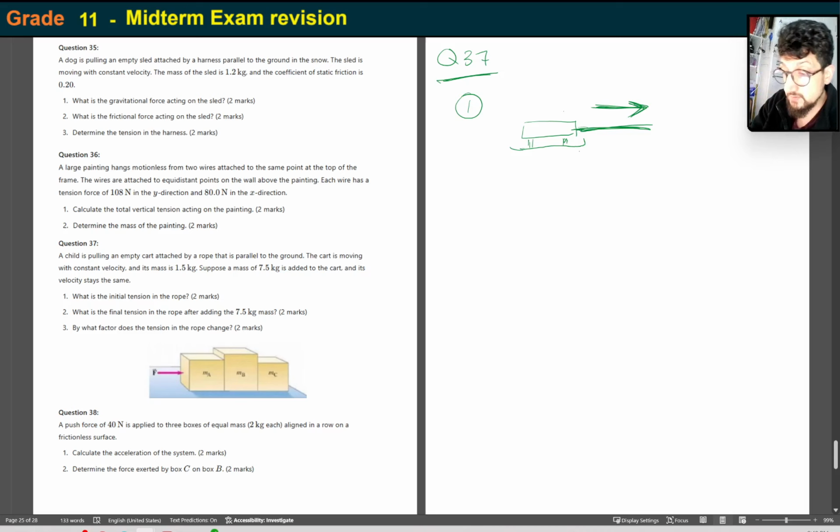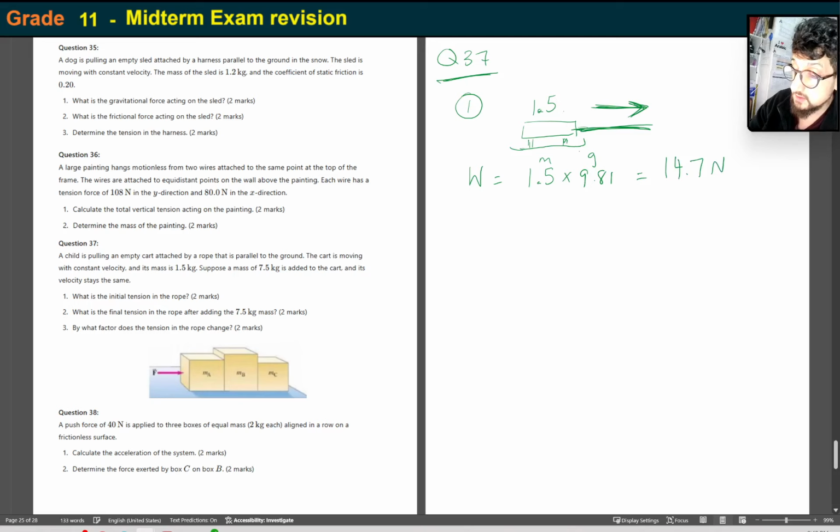So all we have is the 1.5 kilogram sled, so the tension is going to be equal to 1.5 multiplied by 9.81, mass times gravity, and that's approximately 14.7 newtons.